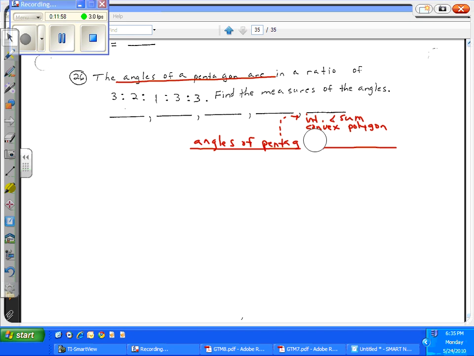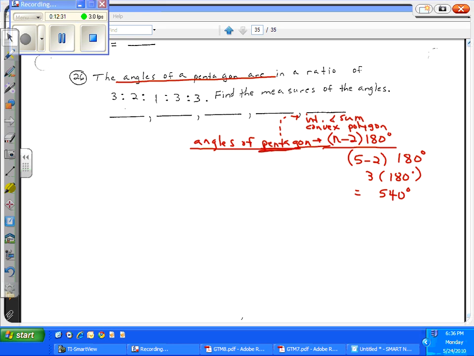So we take the number of sides of a pentagon, and we need to know that penta is 5. So 5 minus 2 times 180 degrees is 3 times 180 degrees, which is 540 degrees. So the angles of the pentagon add up to 540.